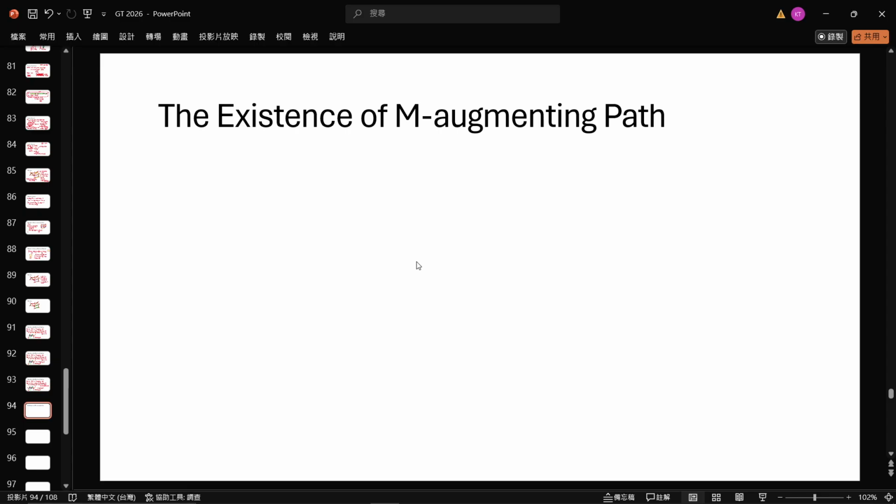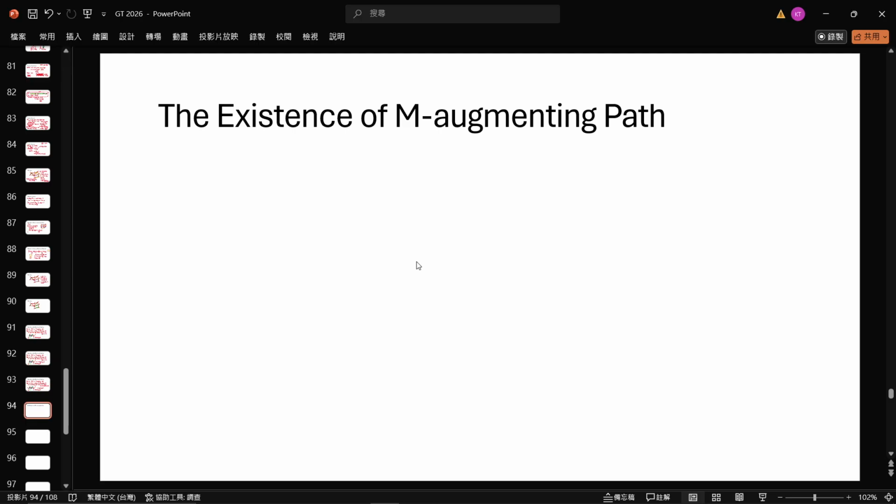Okay, because the idea is to first find an M augmenting path, find a larger matching, and repeat the process. So we want to make sure that whenever the matching M we have is not the maximum matching, I can always find an M augmenting path.